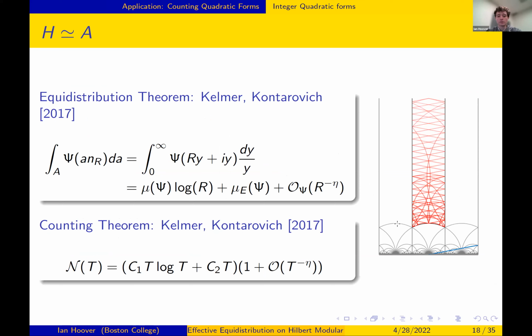Kelmer and Kontorovich, 2017, counted this by proving the equidistribution of this one-dimensional translate. They then got counting results for quadratic forms of square discriminant. And now this is maybe an opportunity to see this equidistribution in action just for our entertainment.